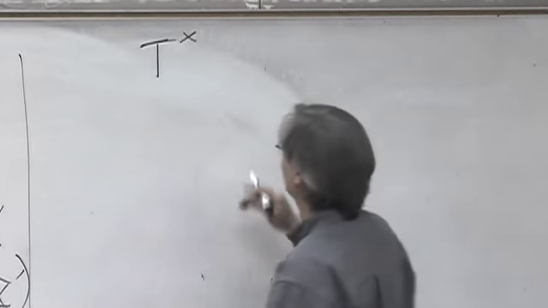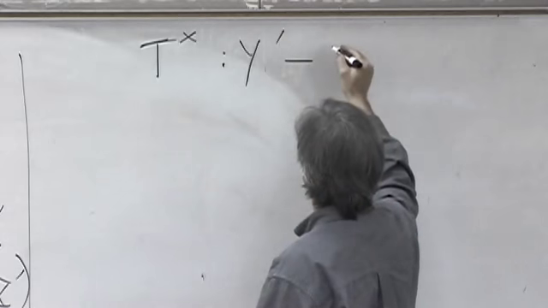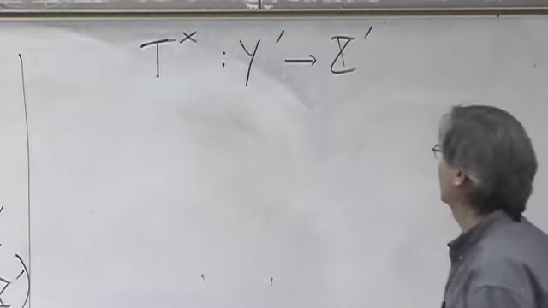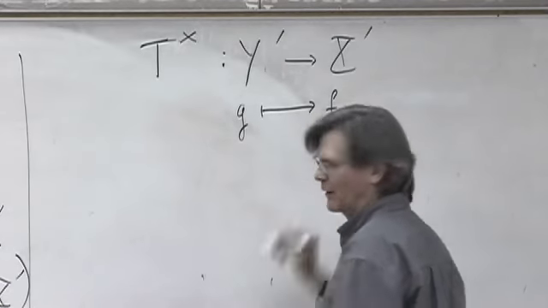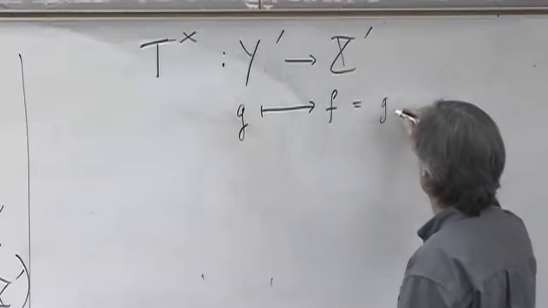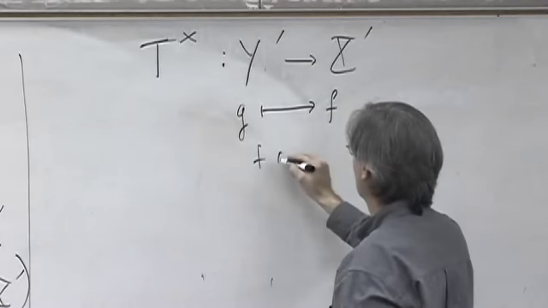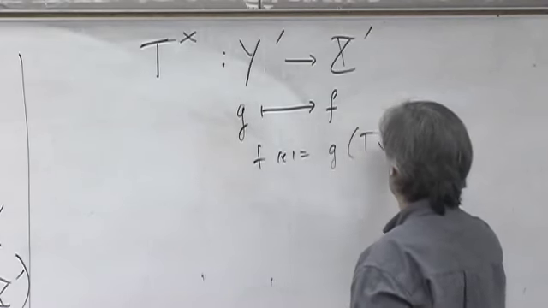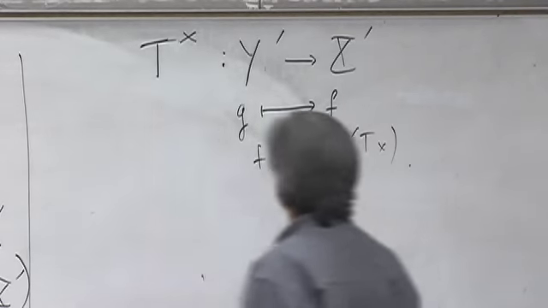Tx from Y prime to X prime is given by G goes to F, where F of X equals G of T of X. That's the formula, so that's the adjoint operator.